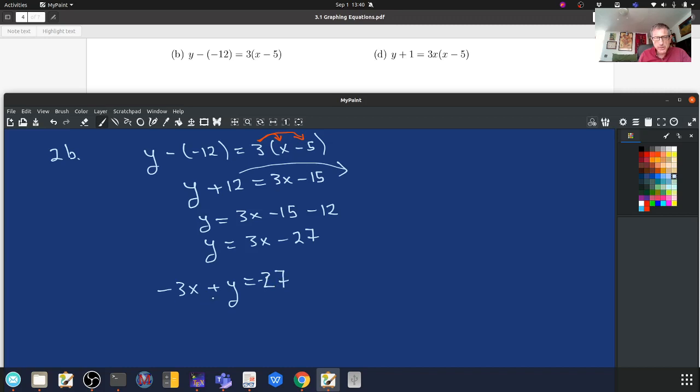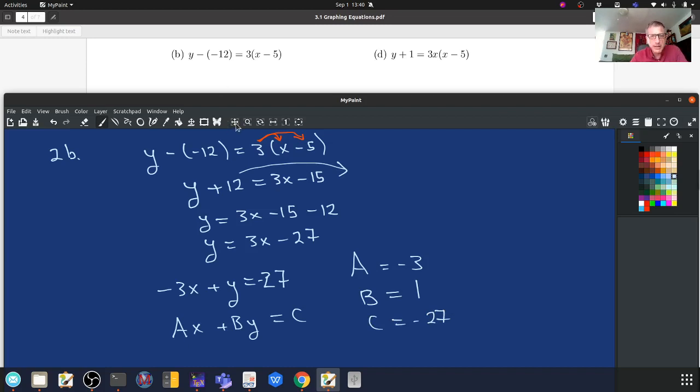So minus 3x plus y is equal to 27. ax plus by is equal to c. Well, that gives me a is equal to minus 3. It's the coefficient to the x term. B is equal to 1. That's the coefficient to the y term. And my c term is minus 27.